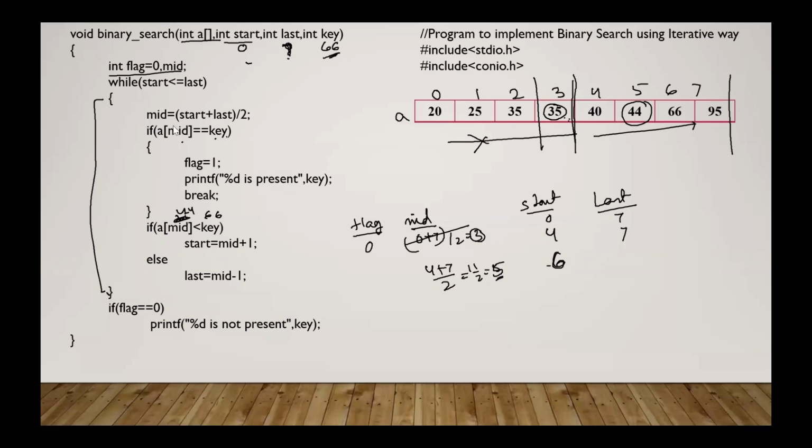Yes, it is true. Then mid is start plus last divided by 2. Start is 6, so 6 plus 7 is 13, divided by 2, that is 6.